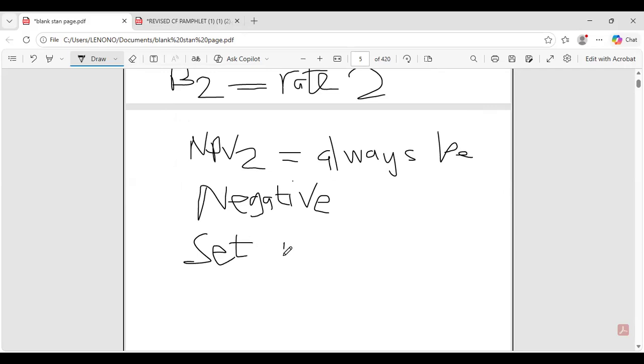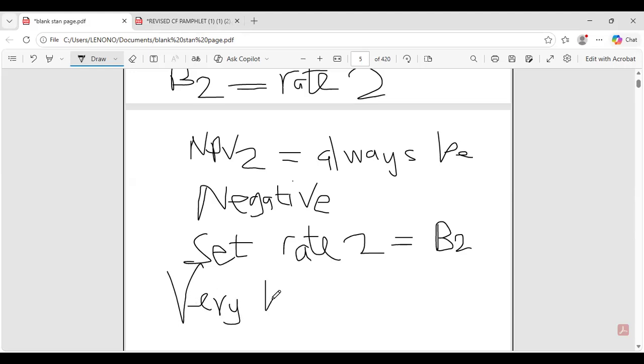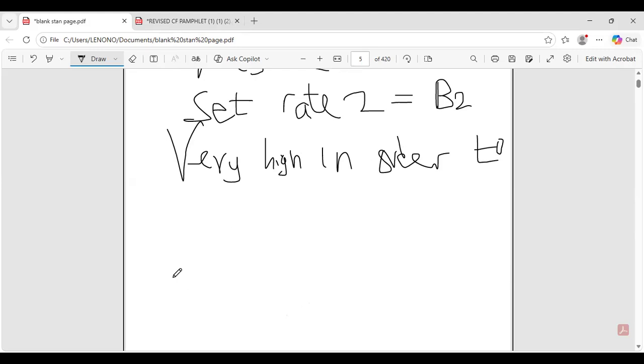Set rate 2, which is B2, very high, in order to get NPV to negative.